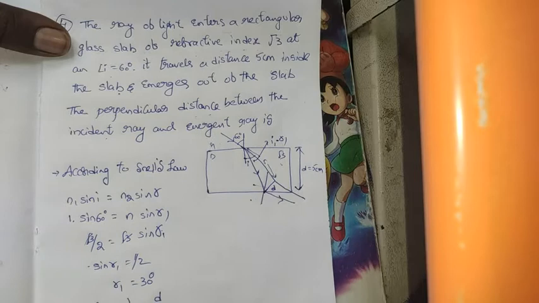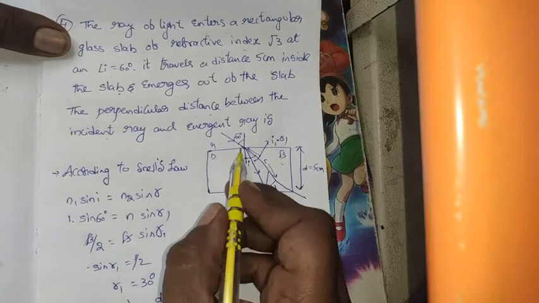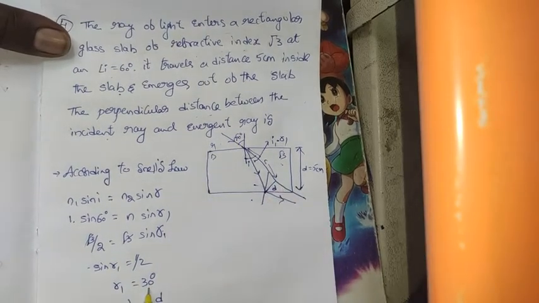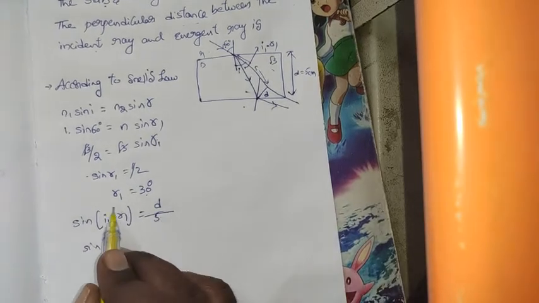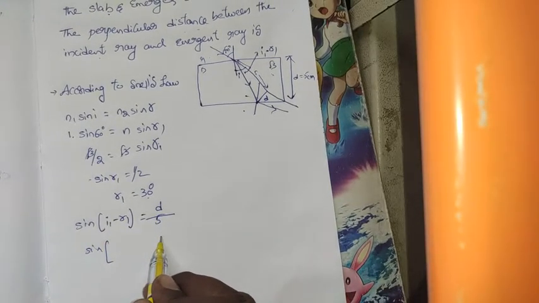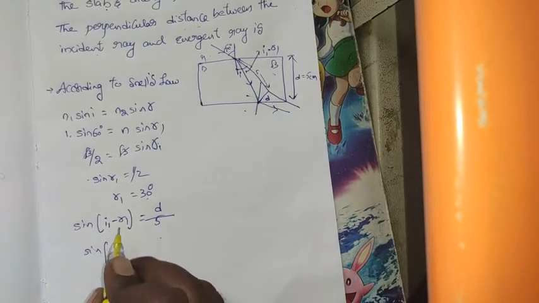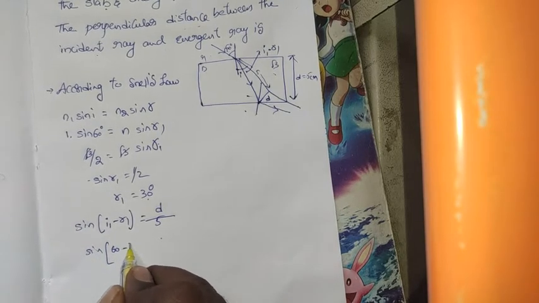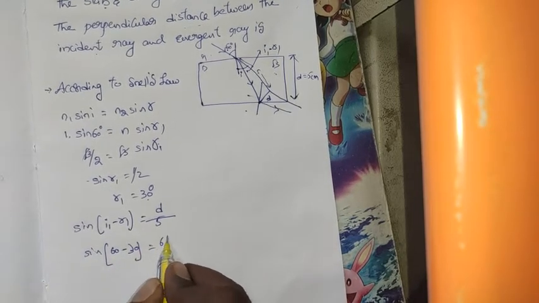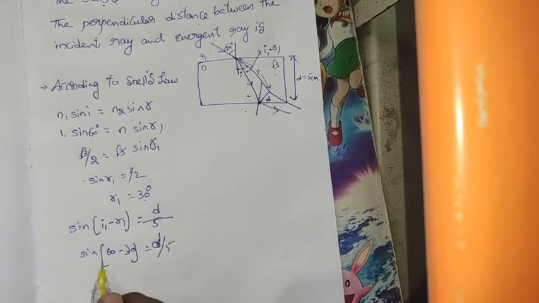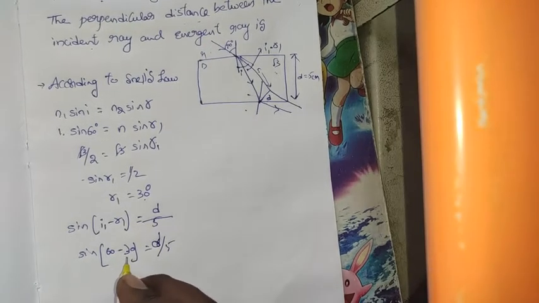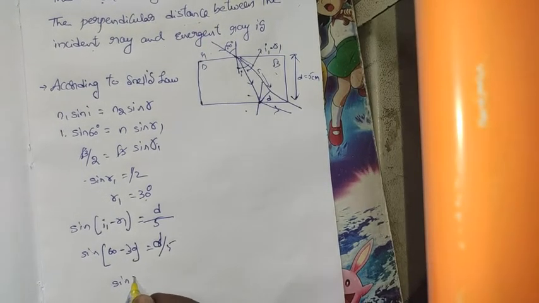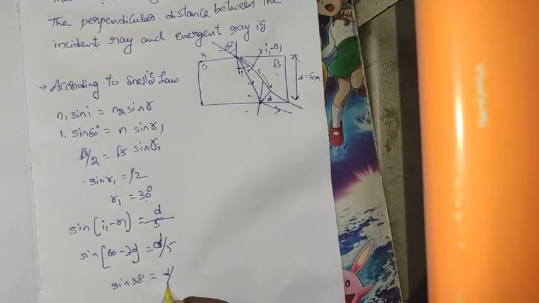Sin of I1 is 60 degrees and R1 is 30 degrees, so sin of (60 minus 30) is sin 30, which equals D by 5.